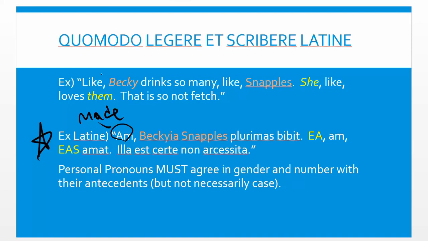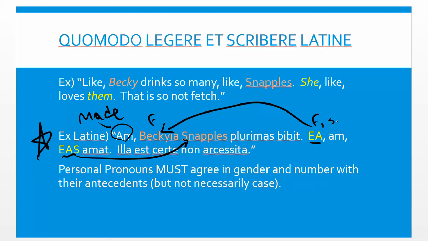So we still have the same thing. Our antecedents, our original words, in other words, are the ones that go before, are Becky and Snapples. The word she still refers back to Becky, and them is still referring to Snapples. So those are still our personal pronouns. Notice that ea is feminine, like Becky is feminine, right?